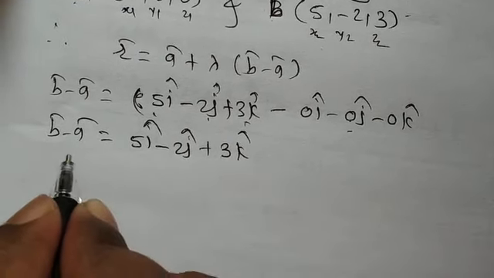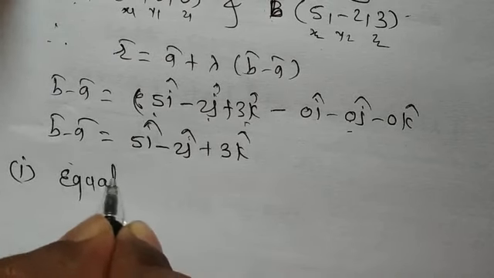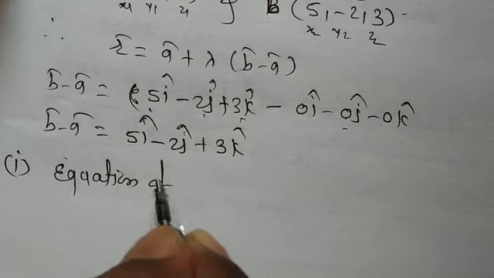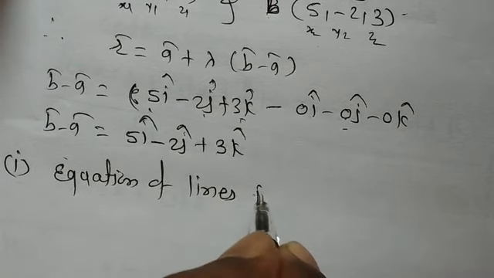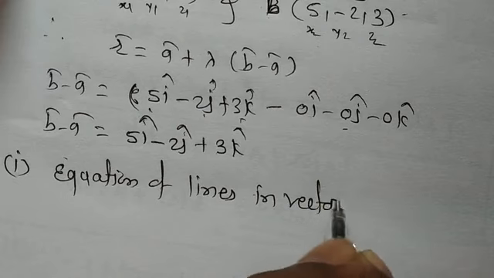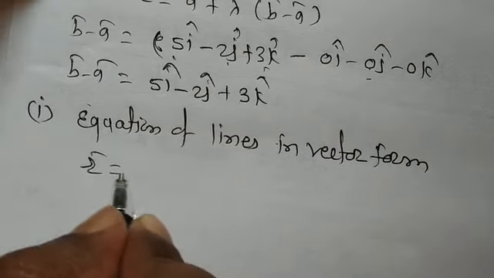Then our equation of the line in vector form is r bar equals a bar.